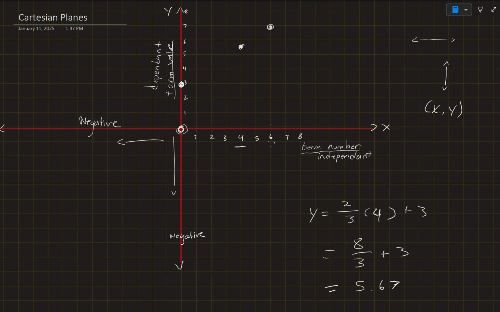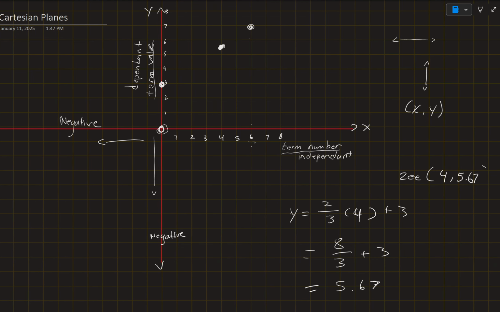So I'm going to plot Zishan over here. So Zishan's coordinates are therefore 4, because he's room number 4 on the x-axis, 5.67 on the y-axis. Okay? Bloop. And there you go. We've plotted where these guys live. Not live, but hotel rooms.